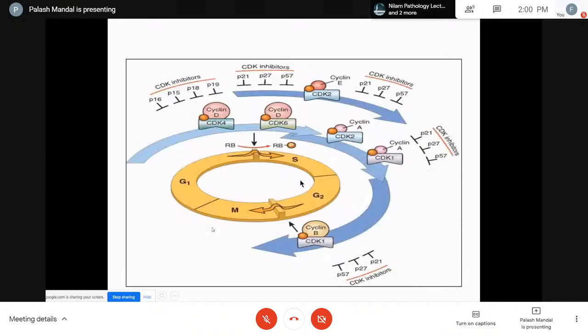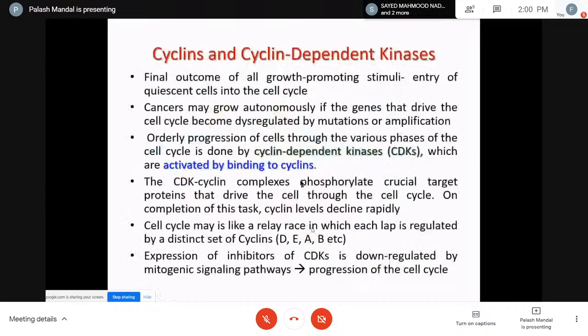Because there are several sets of CDKs and each one is regulated by a different cyclin. So suppose cyclin D was regulating CDK4 and CDK6, CDK2 is regulated by cyclin A. So CDK2 and CDK1 are regulated by cyclin A. Similarly, CDK1 again is regulated by cyclin B. So each step is regulated by a specific cyclin. It looks like each lap is regulated by a distinct set of cyclins like D, E, A, B, etc.